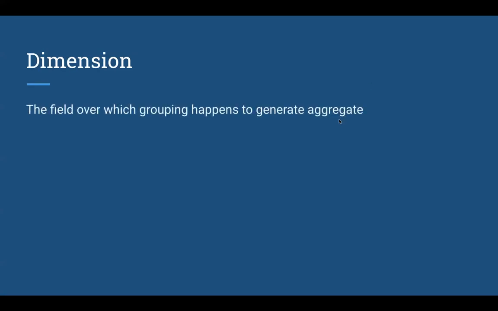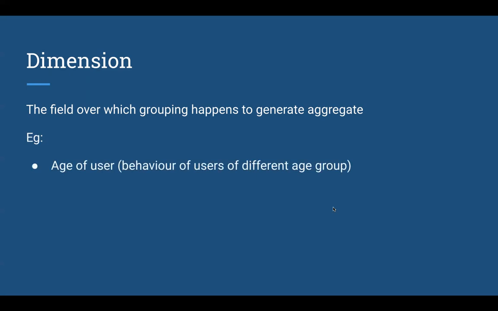A dimension in a data warehouse star schema is the aggregate field, the field over which we perform a group by. Some examples of dimensions can be the age of a user.